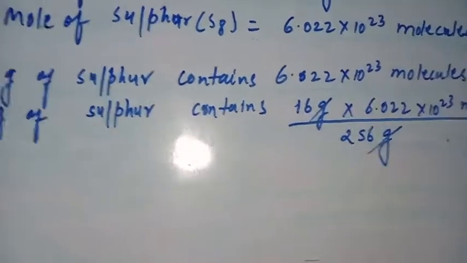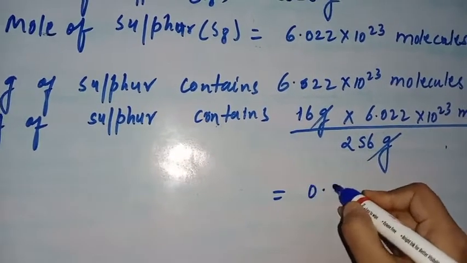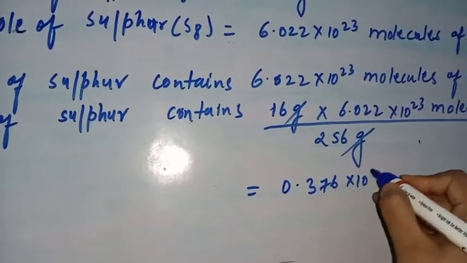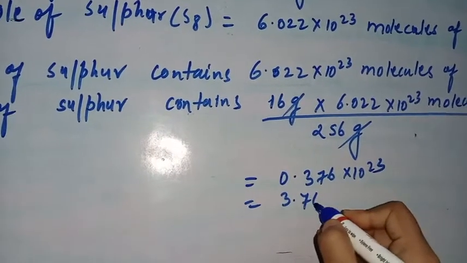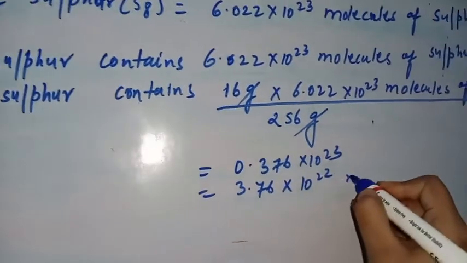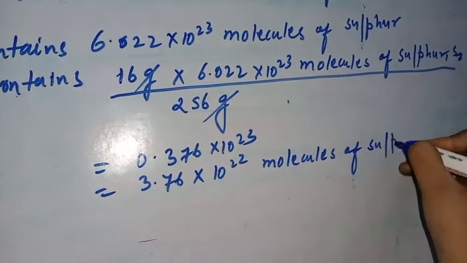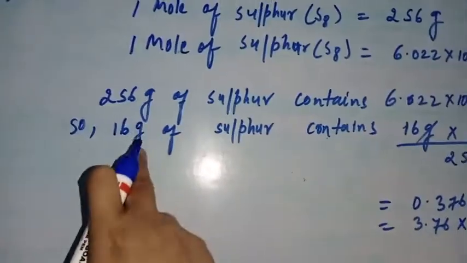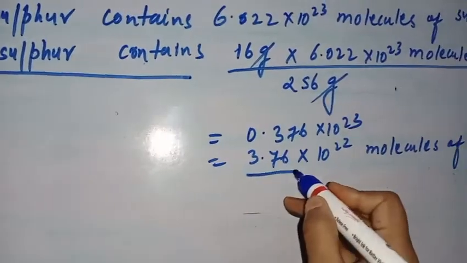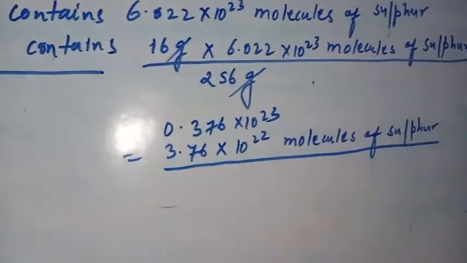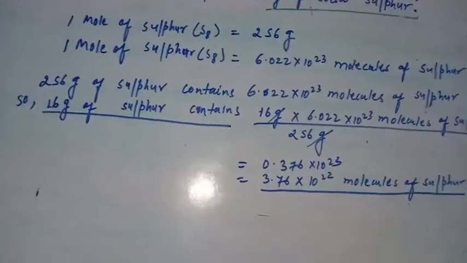Gram will cancel, and when we solve this we will get 0.376 into 10 to the power 23, that is equal to 3.76 into 10 to the power 22 molecules of sulfur. So 16 gram of sulfur contains 3.76 into 10 to the power 22 molecules of sulfur. Okay, so like that you can calculate.